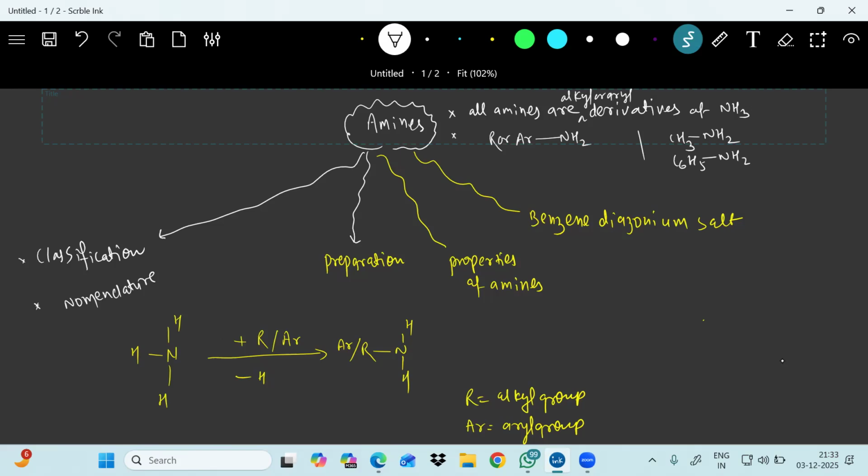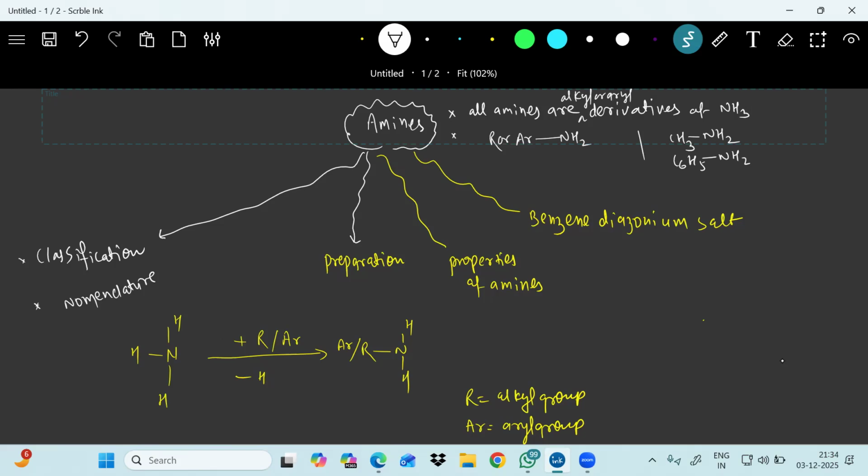You can replace one, two, or all three hydrogens with an alkyl chain, a carbon chain. That derivative product will be an amine. Clear? This is represented by R-NH2 or Ar-NH2.